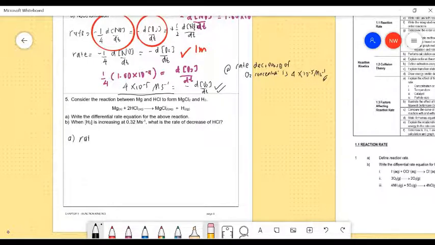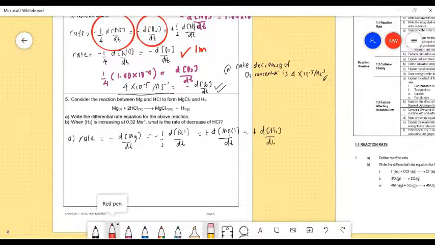Jangan lupa tulis rate equal to negative d Mg over dt equal to negative 1 over 2 dHCl over dt equal to positive dMgCl over dt equal to positive dH2 over dt. So, kita akan dapat 1 mark untuk persamaan differential rate equation.